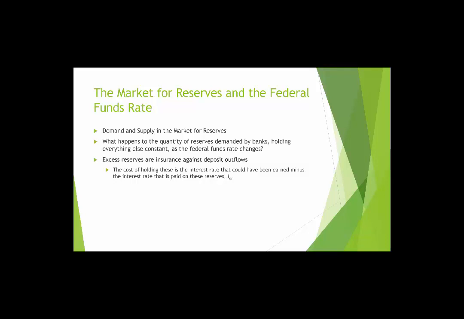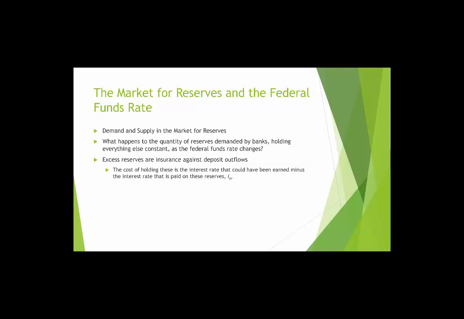And on top of that, we have to consider that the Fed also gives interest on the reserves that are deposited with it. But we're going to come on to that in a second, because that determines the amount of excess reserves as well.